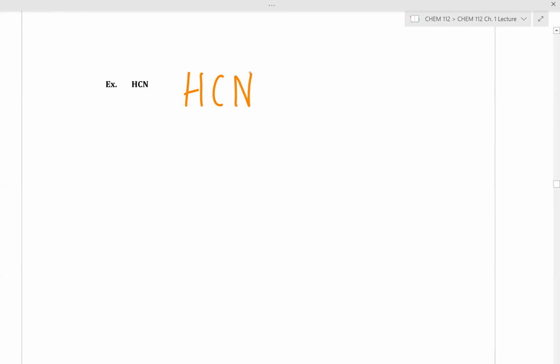What I want you to do for hydrogen cyanide is draw a Lewis structure, and then draw an orbital picture of all of the bonds in hydrogen cyanide. And the key question I want you to answer for me is, where is the nitrogen lone pair?